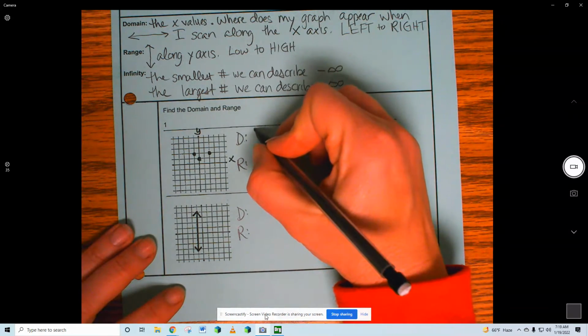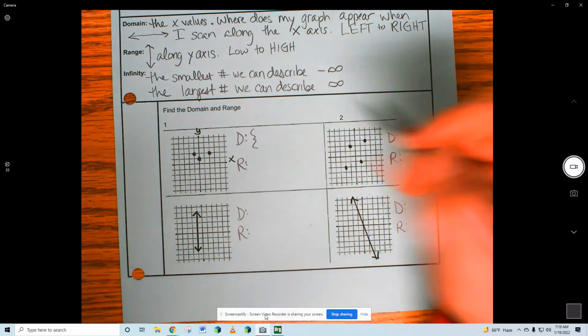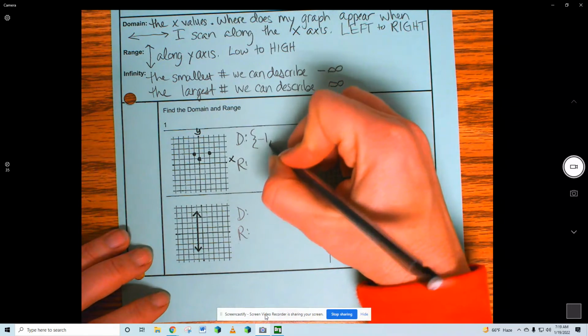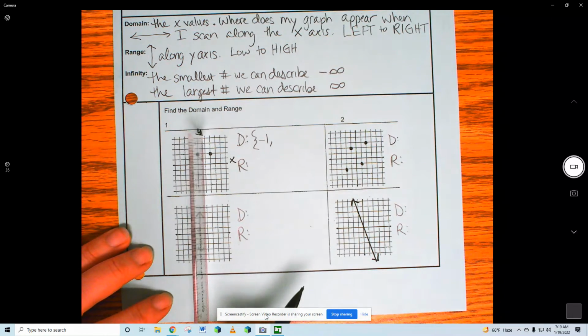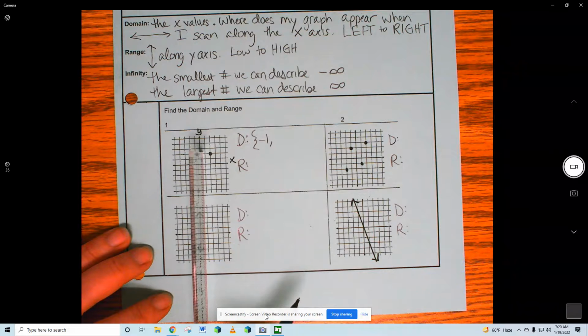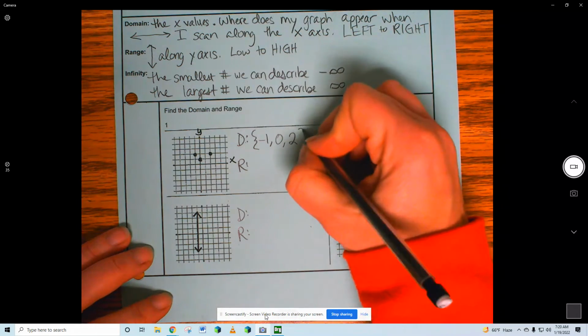We're going to list them because it's not a solid line. -1, comma. Where's the next place it hits? What's that at on the x-axis? Yes, that's 0. What's this on the x-axis? 2. And then you close your brace.